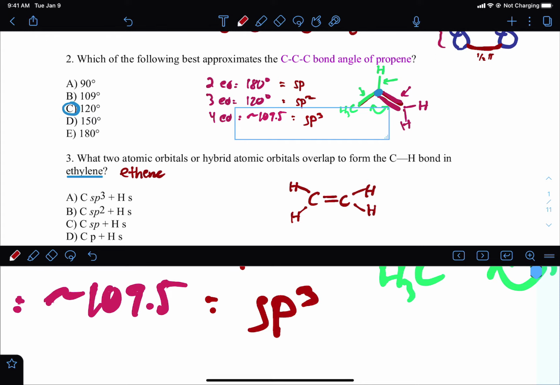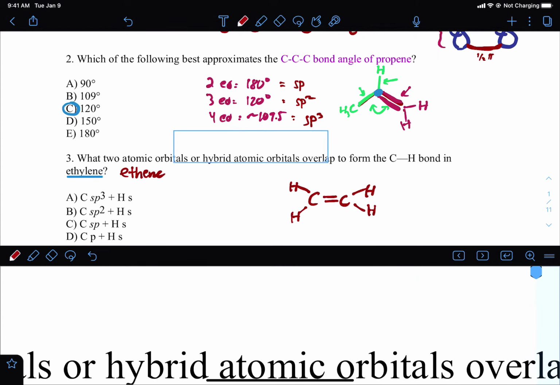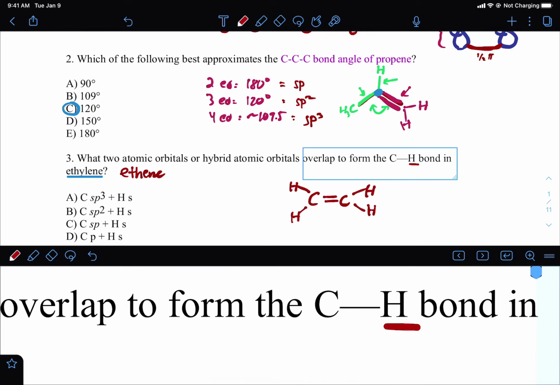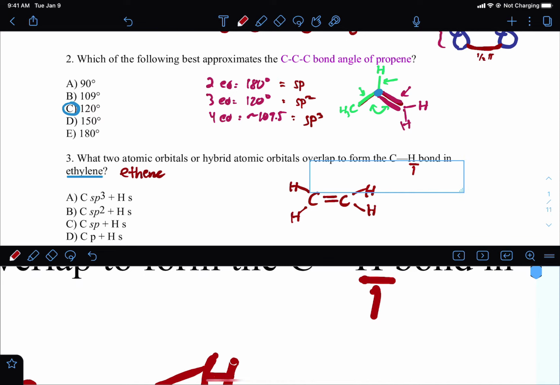All right. But hydrogen only uses s, right? Hydrogen only has its 1 electron, so that 1 electron can sit purely in the s orbital. There's no benefit for that orbital to mix with anything.